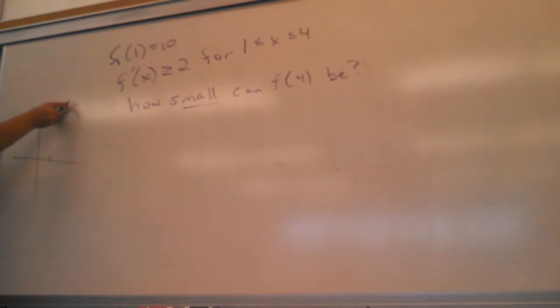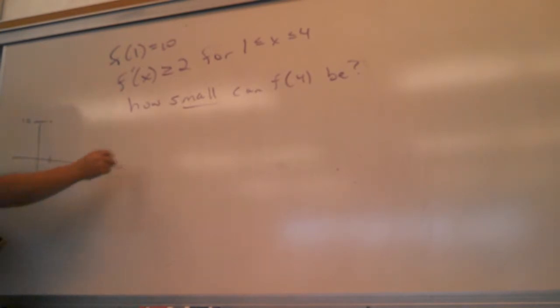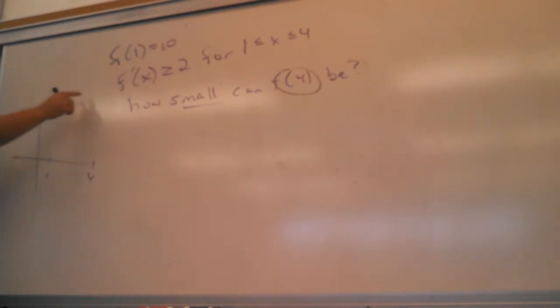So the slope, of course, tells me how much I'm going to increase as I move over. So I'm going to go from 1, and they're asking me about 4. So this question really is asking, what's the least amount that I can go up from 1 to 4?